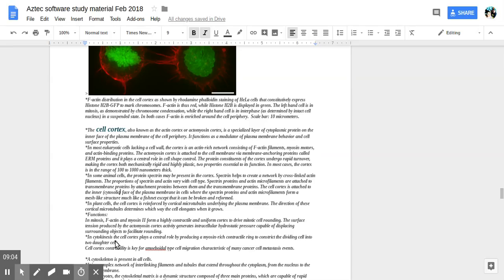In cytokinesis, the cell cortex plays a central role by producing a myosin-rich contractile ring to constrict the dividing cell into two daughter cells. Cell cortex contractility is key for amoeboid-type cell migration, characteristic of unicellular cells, etc.